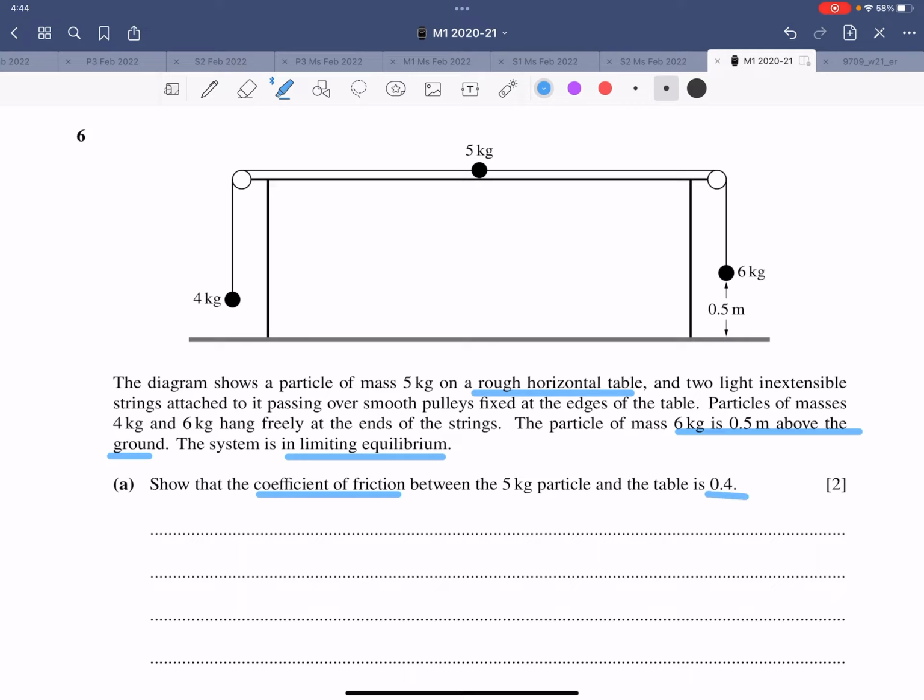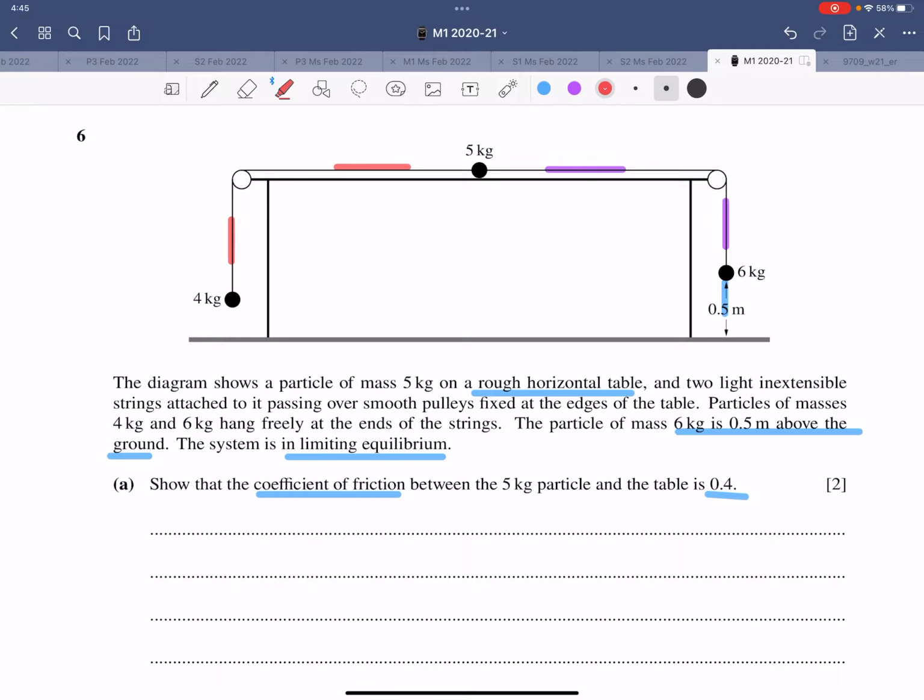So the first part is that it's in equilibrium. That means let me do some labeling. So this is like this, and tension is like this way. Let me label it. There is a tension here, and the same tension is this way. Then there is a tension this way, there is a tension this way.